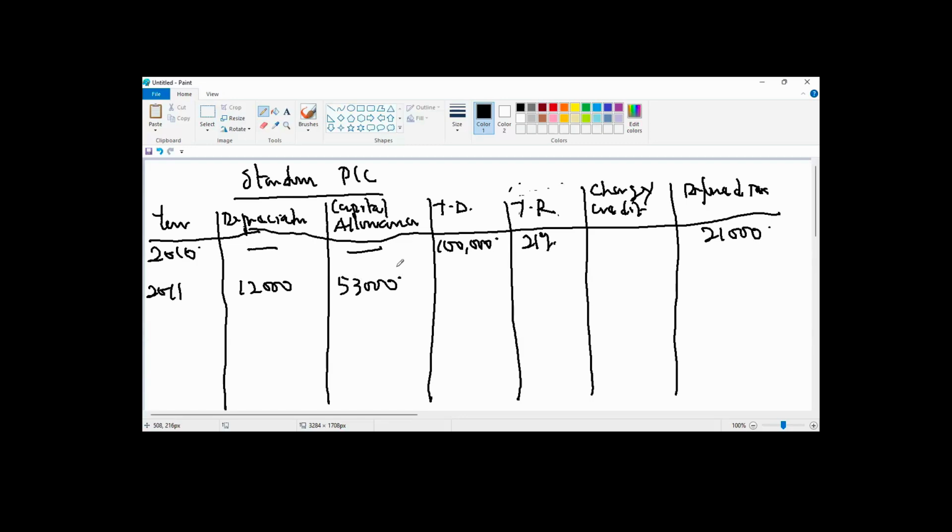That's 41,000. I have two options. I can get the one that will go to the statement of financial position directly, or I can get the one that goes to the P&L. Let us go simple. Based on the rules, when depreciation is greater than the capital allowance, it's a charge. What is the tax rate? 21%.